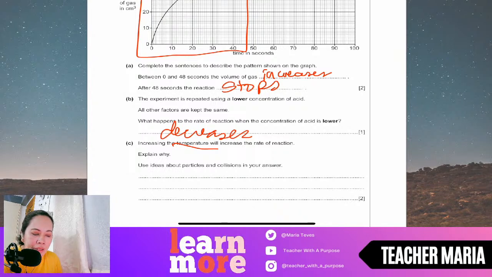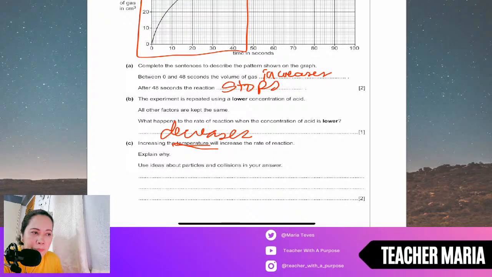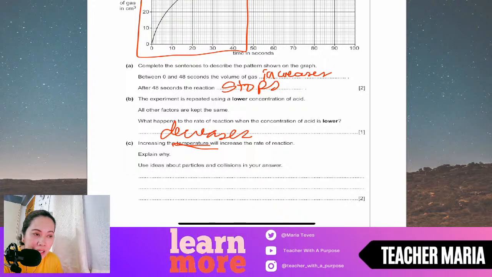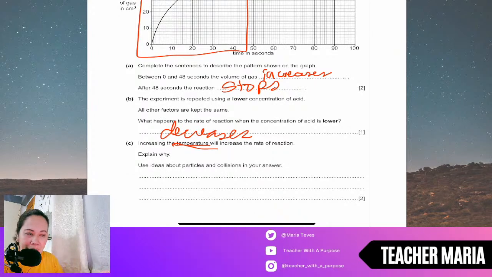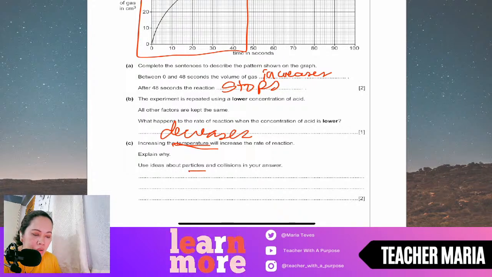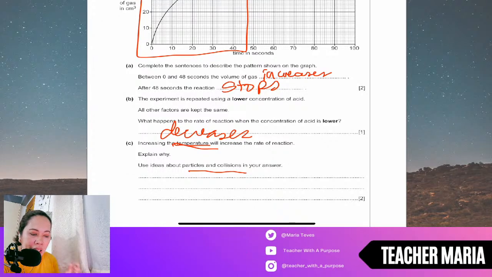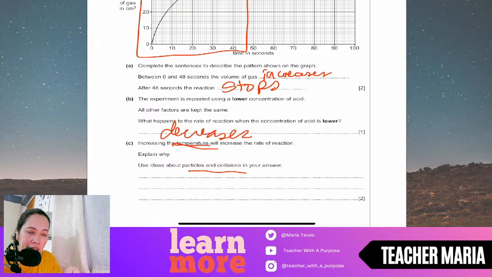So here, if you increase the temperature, it will increase the rate of reaction. Explain why. Use ideas about particles and collision in your answer. If you are specifically asked about a specific point, you have to state those points from particles and collision.